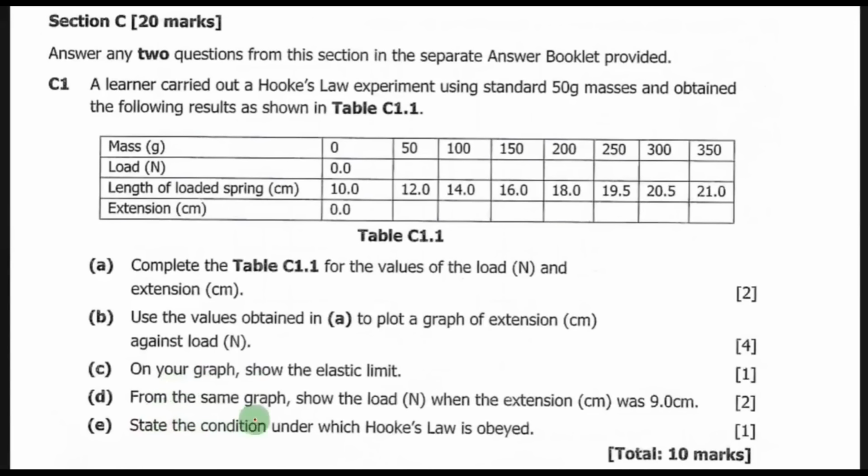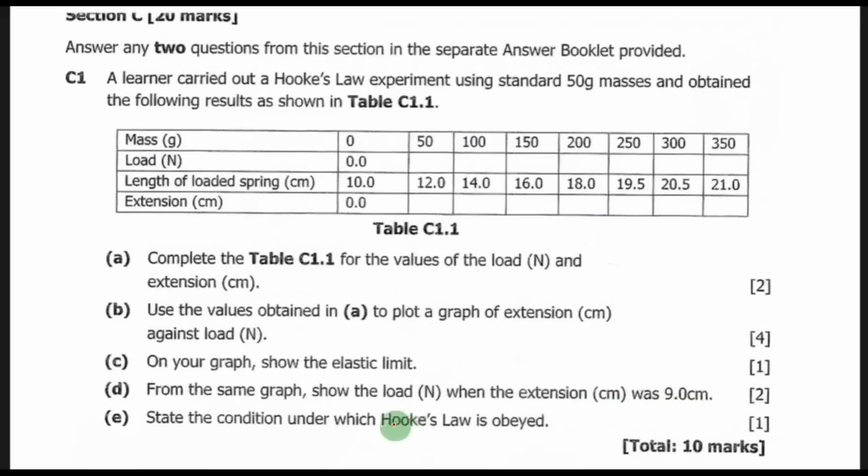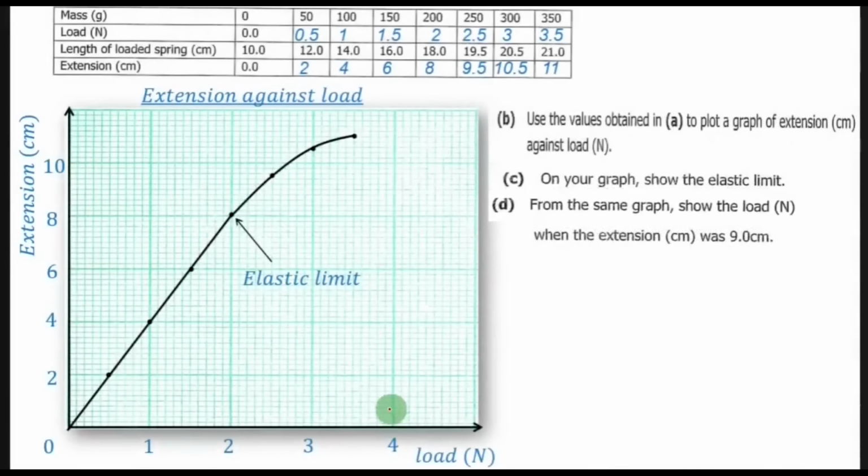So let's go to another question. Saying from the same graph, show the load when extension is or was 9.0 centimeters. So if extension is 9.0, extension 9.0 is here, then what should have been the load?